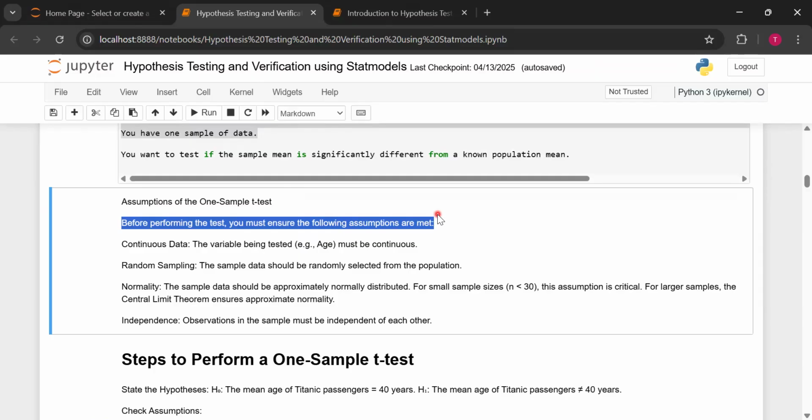And it must be random. The sample should be randomly selected from the population. You don't need to use purposive or any different sampling technique that doesn't give every participant an equal chance. So that's why we go with random. The data should be normally distributed.